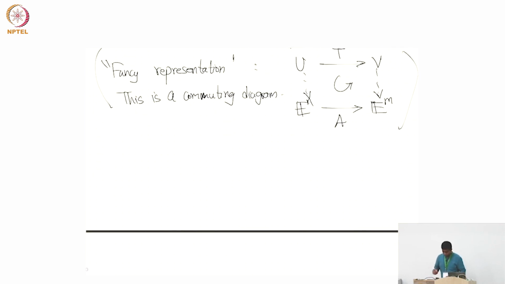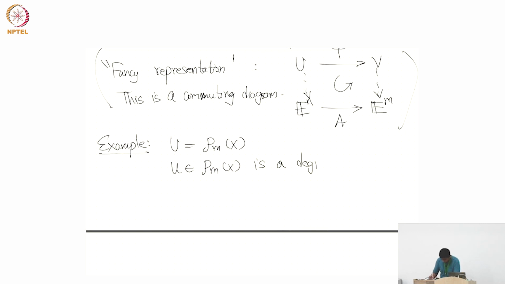Yeah. So for example, examples might illustrate what I'm trying to say. Example, if U is this, I can think of any element u in P_m(x) as a polynomial of degree up to m, of the form something like a0 plus a1 x plus ... plus am x to the power m.